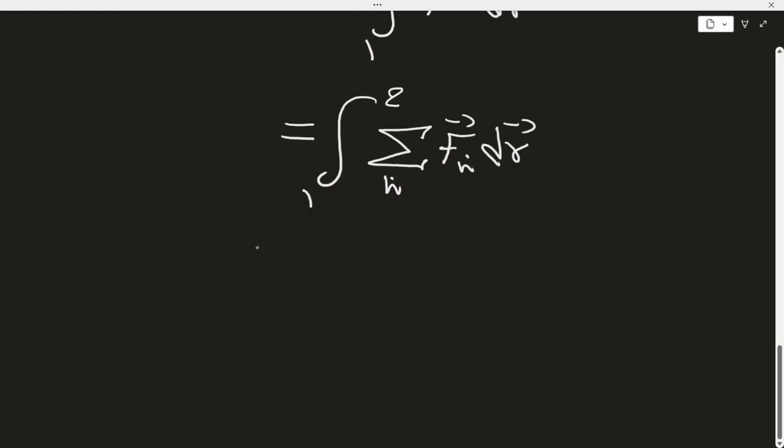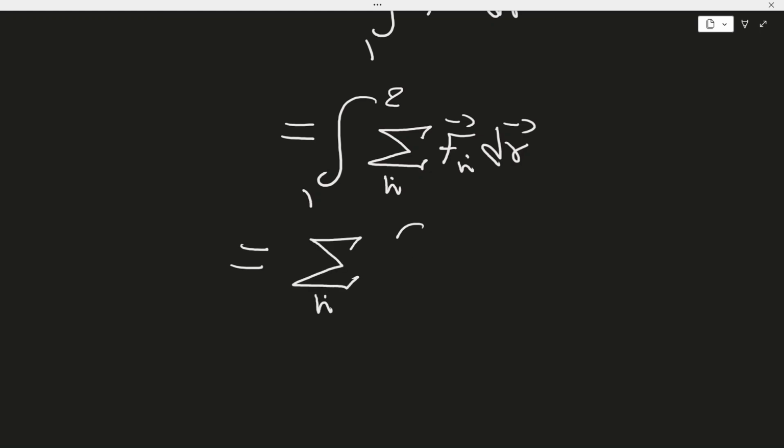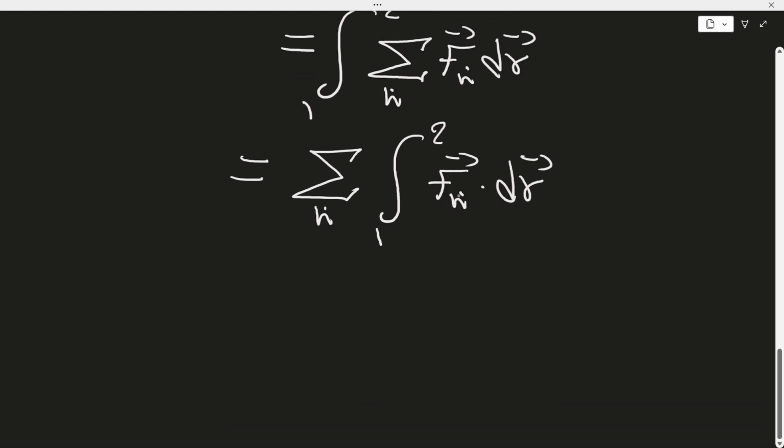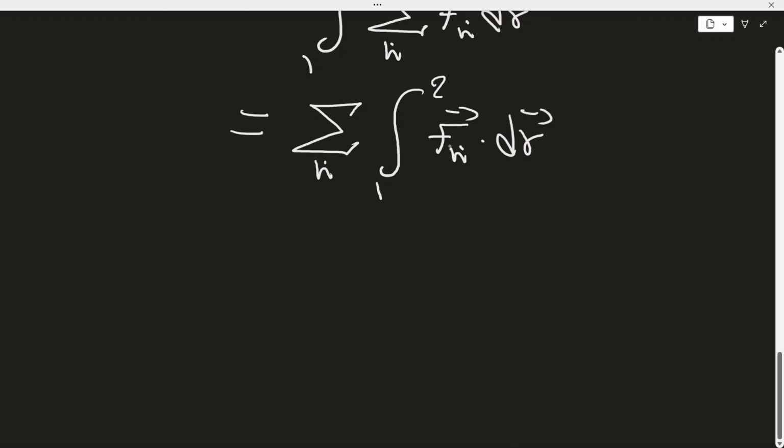More importantly, I can take the summation outside of the integral, so that we can take as many works as there are forces, because each individual force acting on the object or the particle along the path dr can be summed.